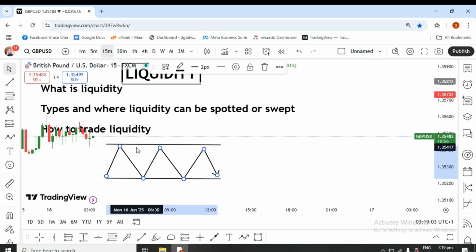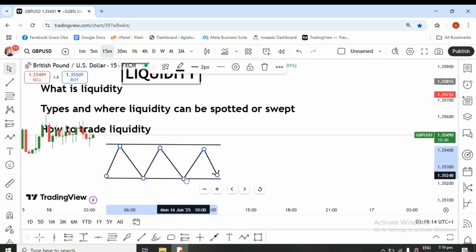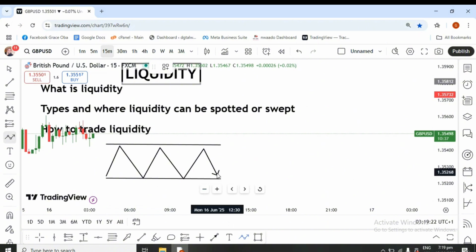In the same manner, people who are trying to go short in the market are placing their Excel here, above this level, and they want to go short in this manner. But something always happens. When smart money comes into the market with their billions and millions of naira, they want to move the market in a particular direction.